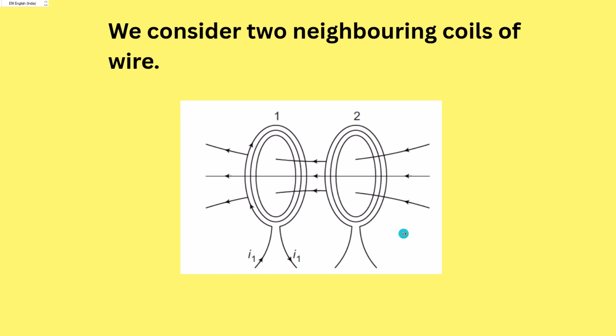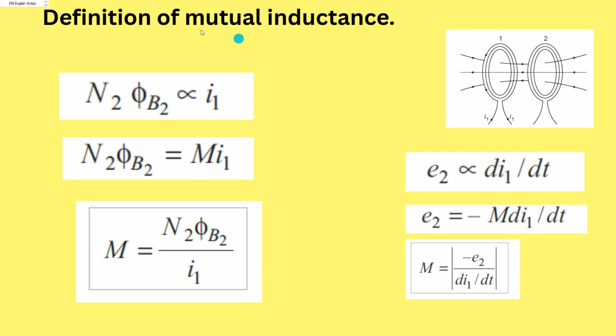So the mutual inductance: N2 phi B2, where N2 is the number of turns in the second coil and phi B2 is the flux in the second coil, is proportional to the current flowing through the first coil I1, and we get the proportionality constant M as the mutual inductance. N2 phi B2 equals M I1.